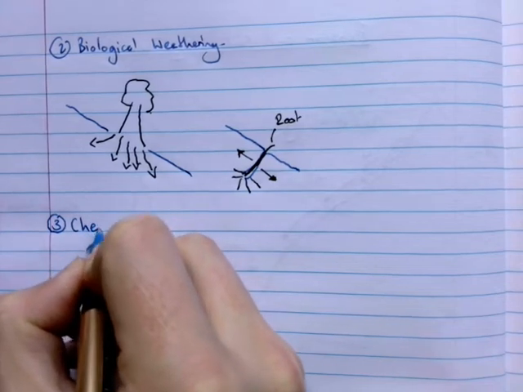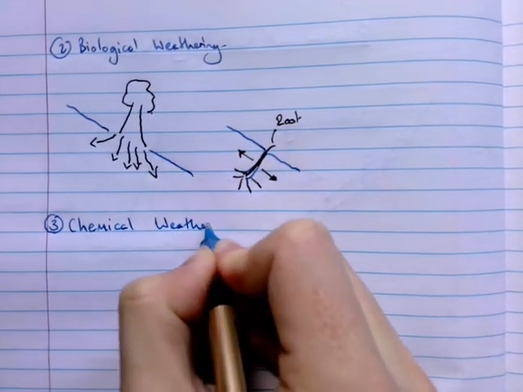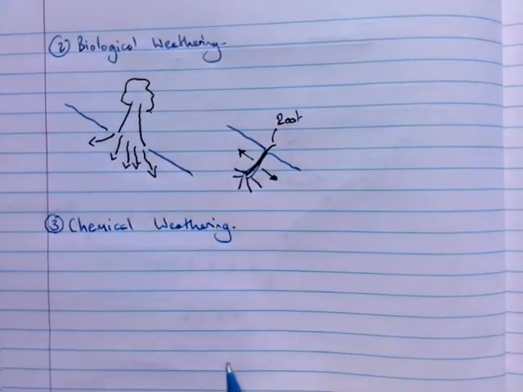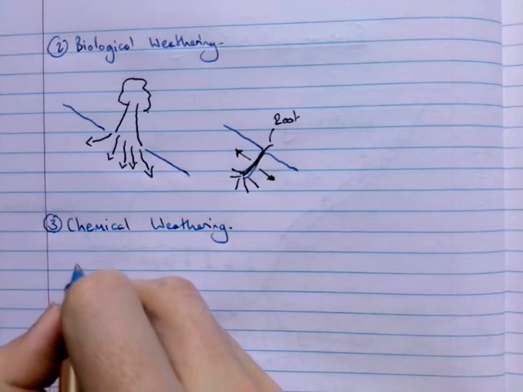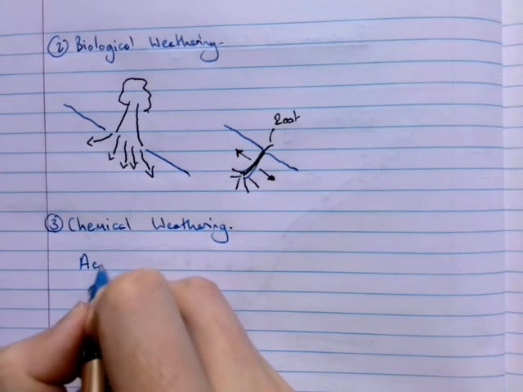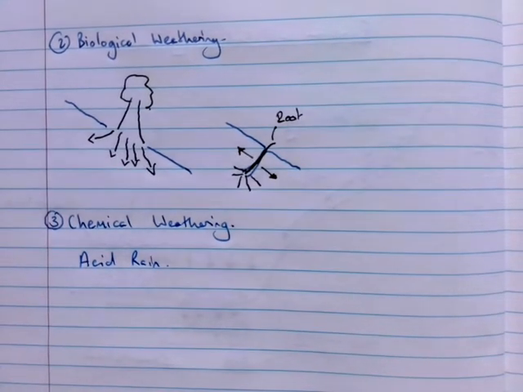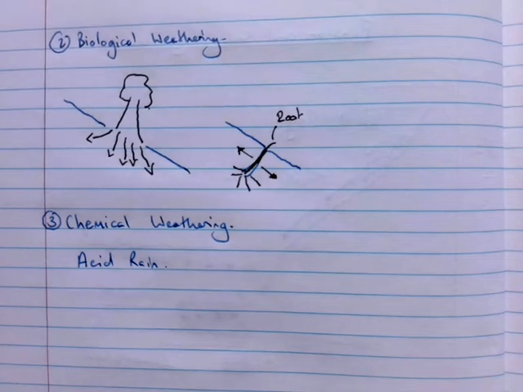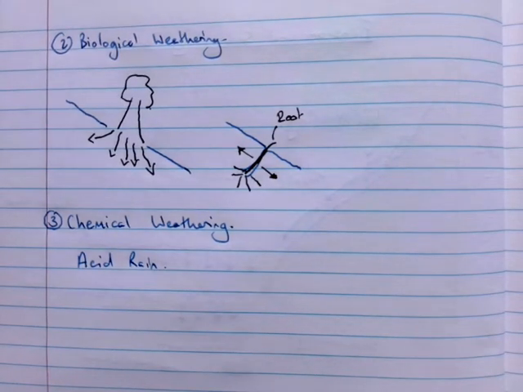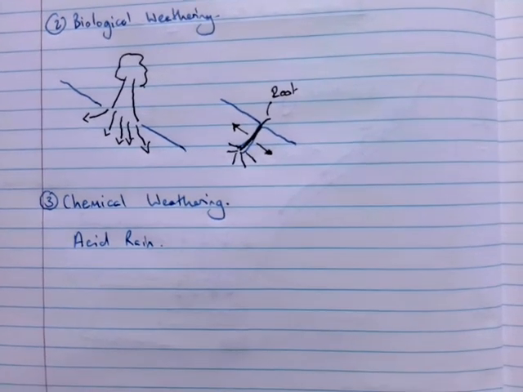And your final type of weathering, number 3, is chemical weathering. Okay, and this comes in the form of acid rain, which we've already learned about. Okay, now rain normally is very, very slightly acidic. Okay, so this will happen even without any pollution, but pollution makes the rain more acidic, so it makes it worse.